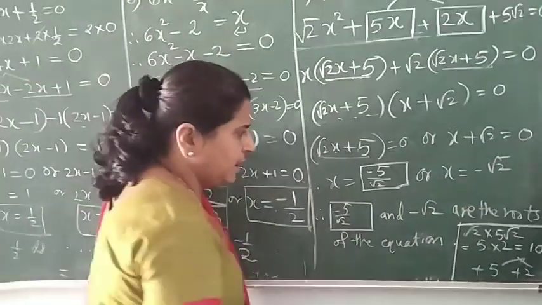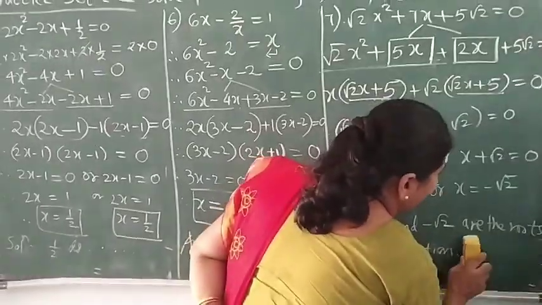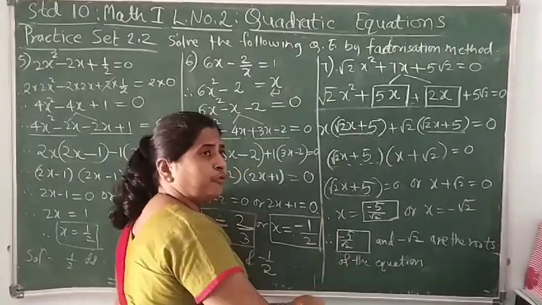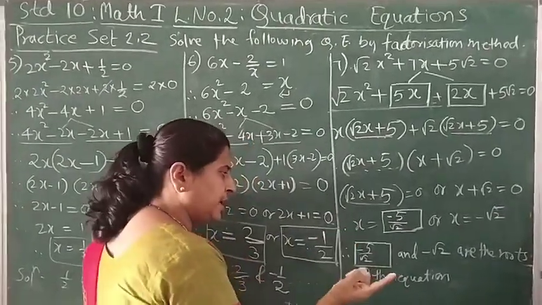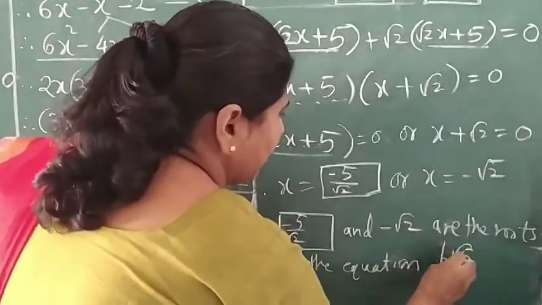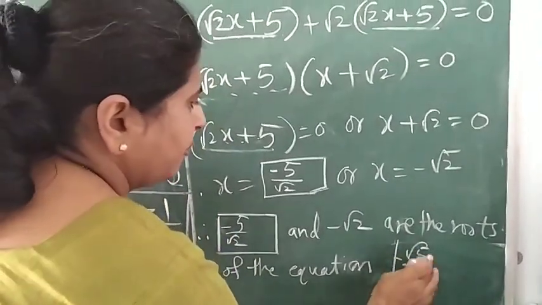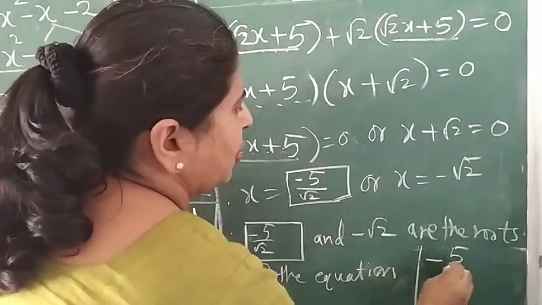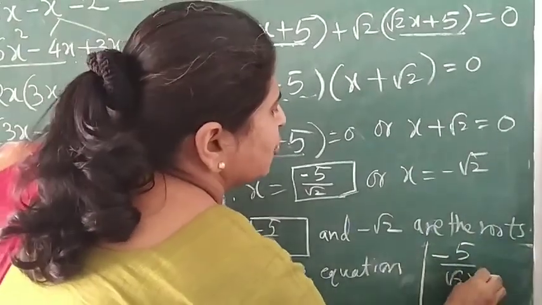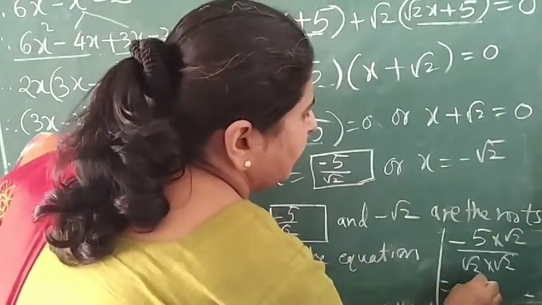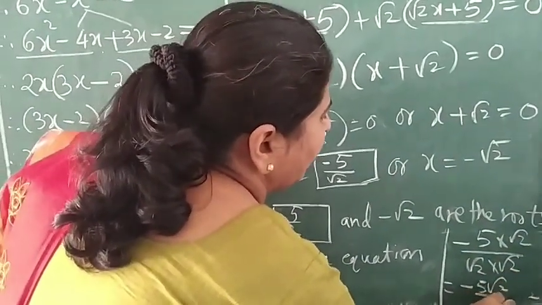Now actually we don't write root 2 in the denominator, so if you rationalize it, it is very good. For rationalization, either this can be your answer, or, for minus 5 upon root 2, if you multiply by root 2 on both sides, you get minus 5 root 2 upon 2.